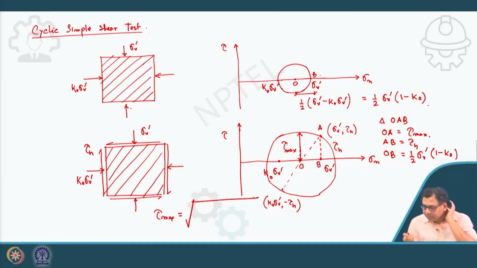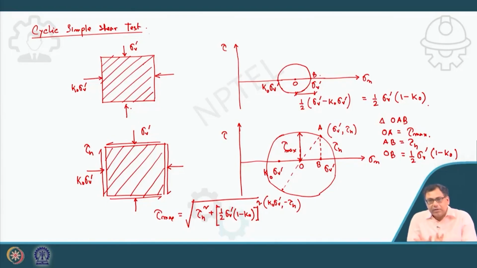OA square is equal to AB square plus OB square. So OA will be root over AB square plus OB square. Now AB is tau h and OB is half sigma V dash (1 minus K0), that whole squared. So this way I can get the tau max value also.